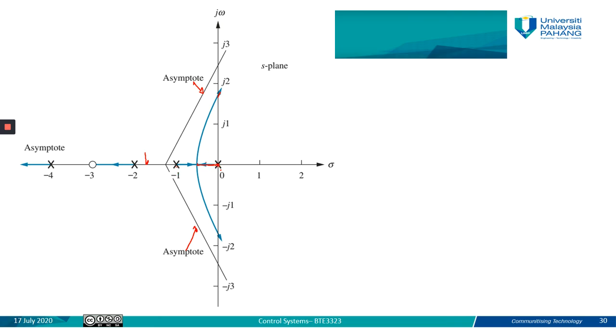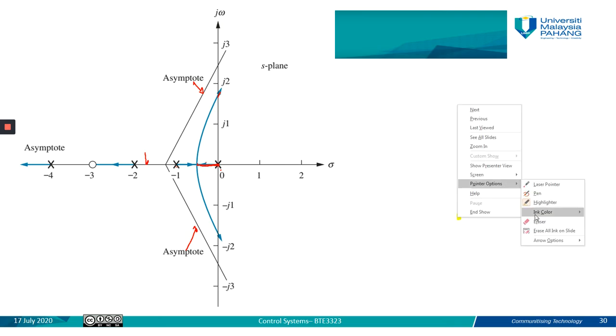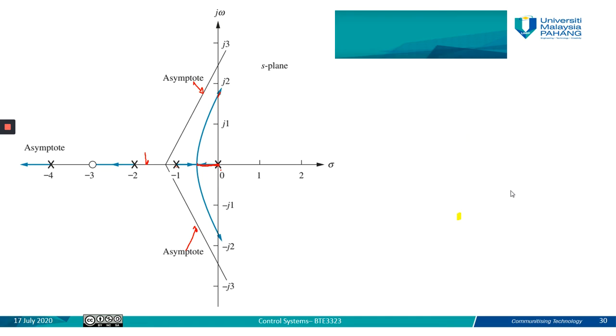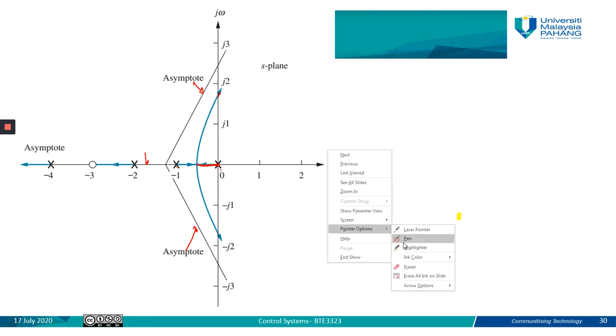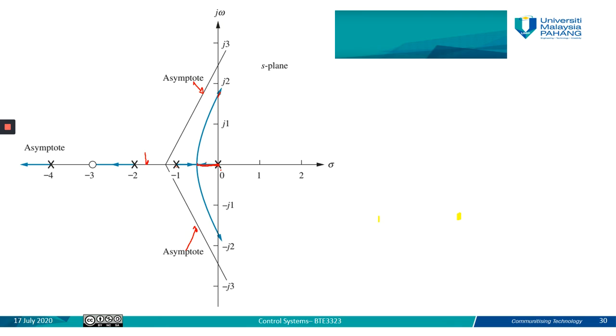If we highlight, for example, the first pole here, the first root locus will start from 0 and go to infinity through this line. So this will be the direction of the root locus segment.